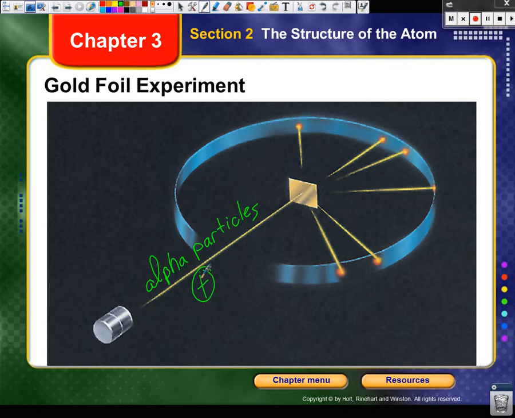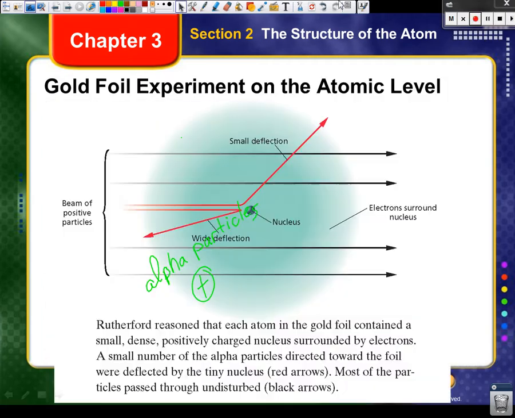So what were those alpha particles hitting when they went through? They were hitting the positive nucleus. Now, we've already discussed this. What two things are in the nucleus? Protons and neutrons. Protons are what charged? Positive. Neutrons are neutral. So the entire nucleus is what charged? Positive. So positive things hitting a positive thing, it causes it to do what? Deflect. Which is exactly what happens in this kind of picture.